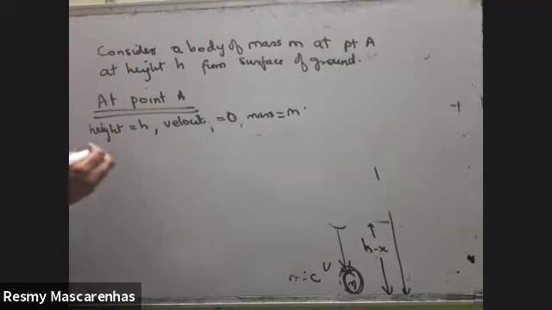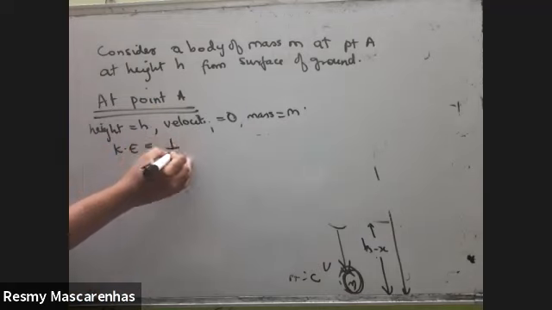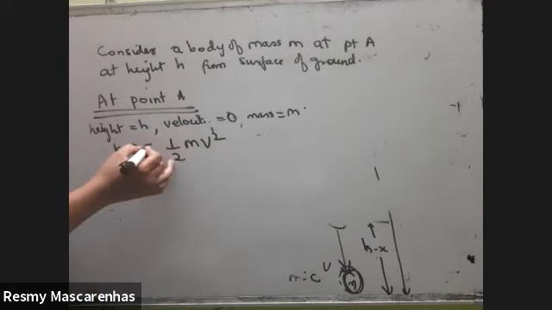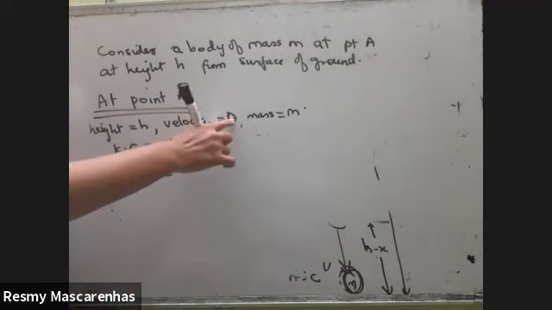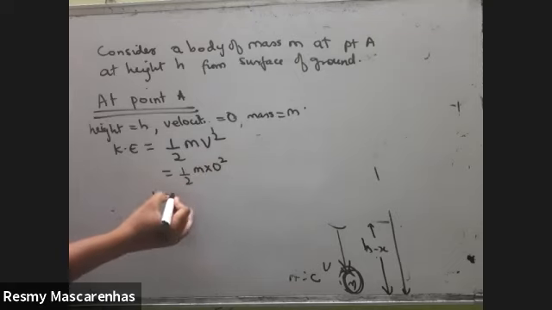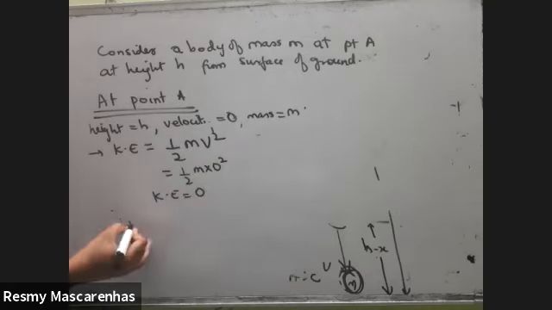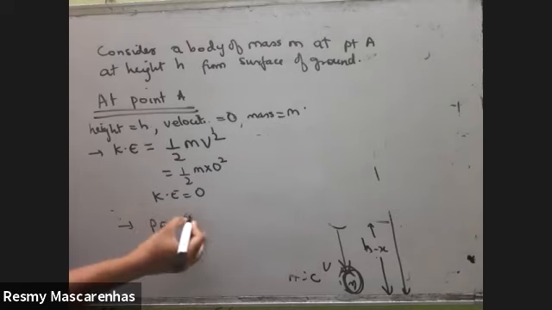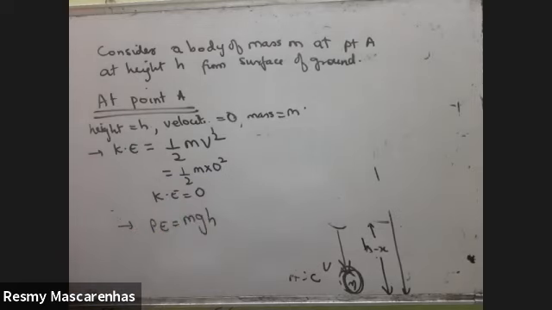So we'll calculate the kinetic energy first. What is the formula? Half mv square. We know that v is 0. So kinetic energy I will get 0 at point A because velocity is 0 at point A. I'll calculate the potential energy. Potential energy is full because it has height, and definitely gravity is acting on it.